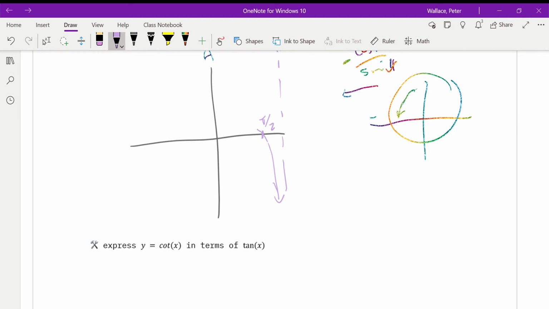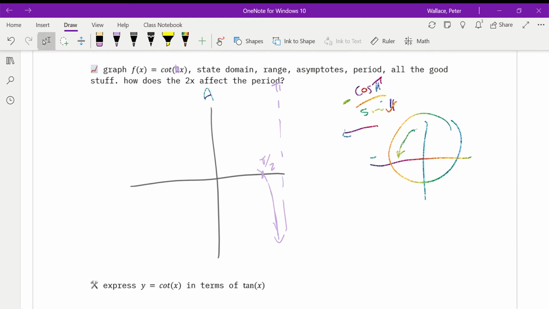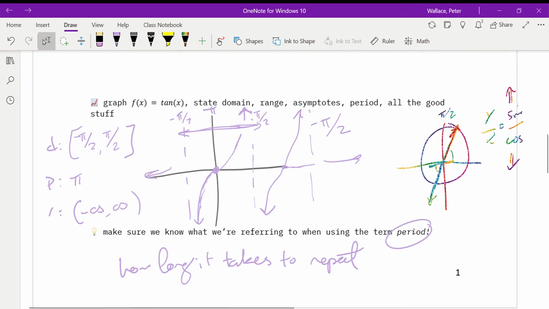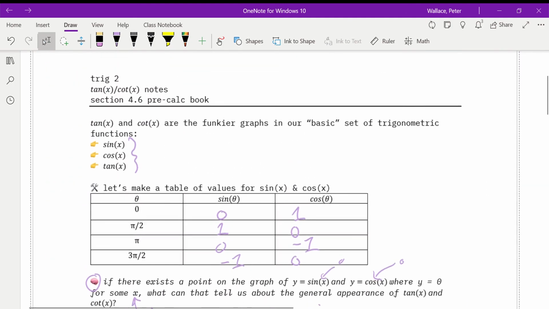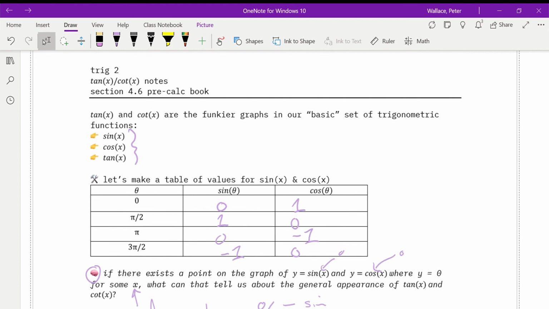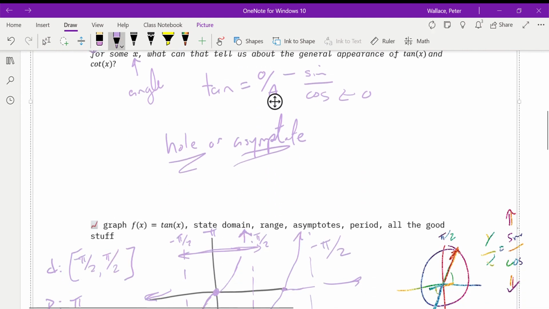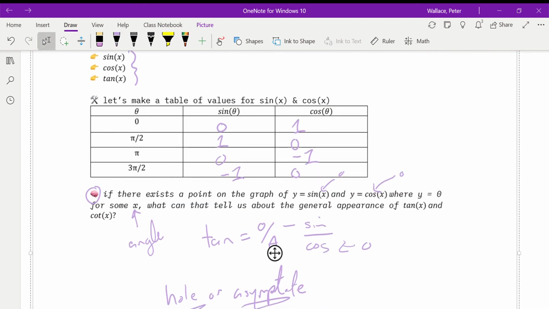And then, let's see what happens when we start to get closer to our other asymptote at 0, excuse me, we started at pi.